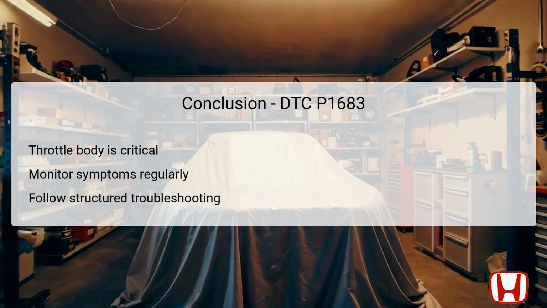Following a structured troubleshooting approach, from initial diagnostics to final repairs and verification, ensures accurate results and resolution of the problem. Preventive measures, including regular inspections and cleaning, will help avoid recurrences of this issue. Understanding the importance of the throttle body and its related components empowers owners to maintain their vehicles effectively.